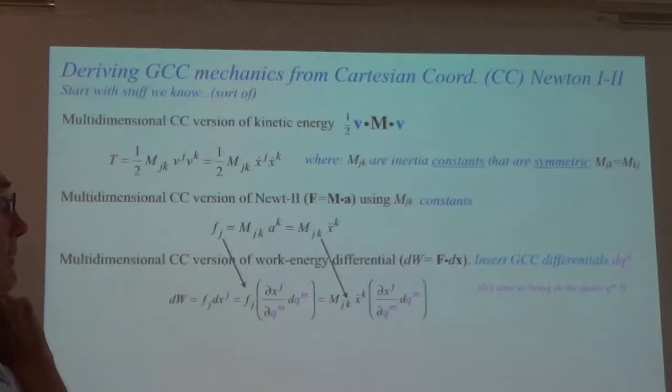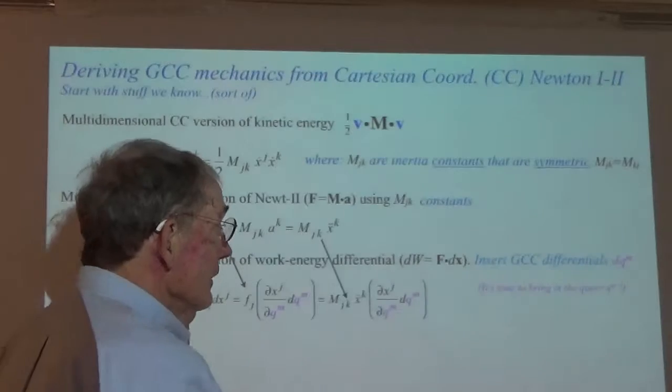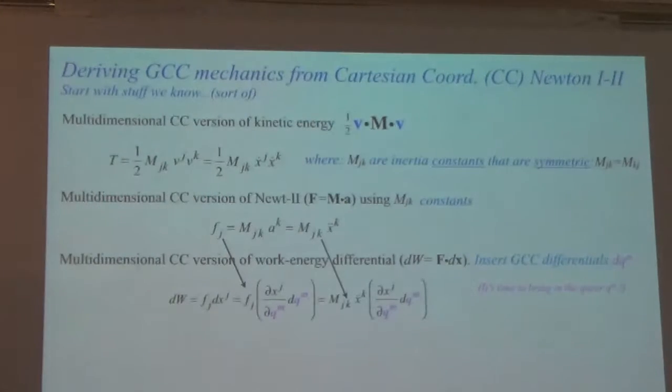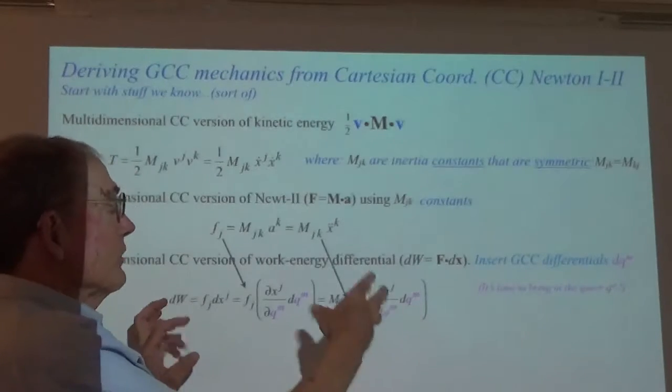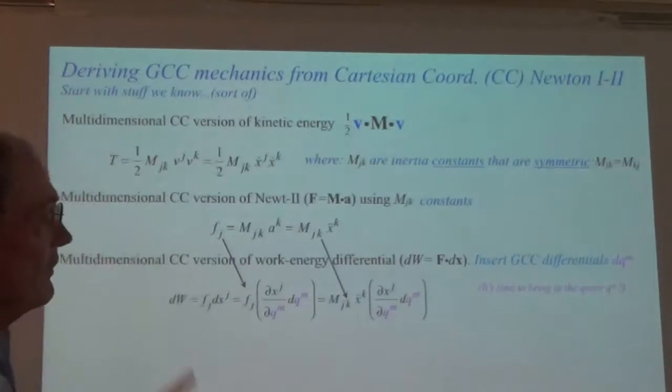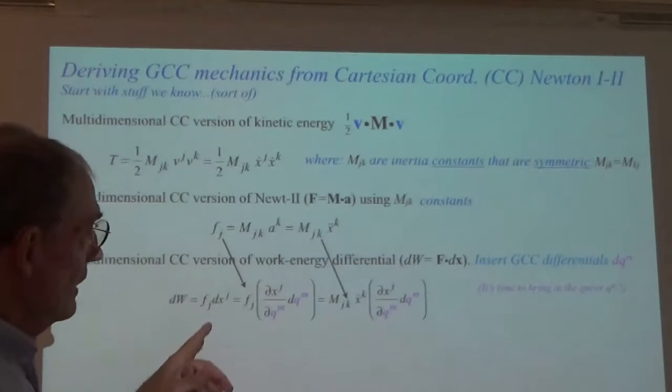Now this multidimensional version of the work energy differential is really key here. We're just setting it up. We're not going to do much with it except throw away all but one set of terms from it. But this is nevertheless the idea here.